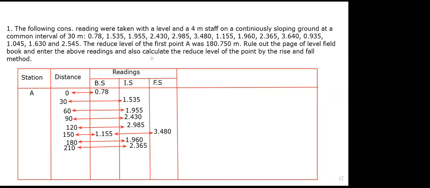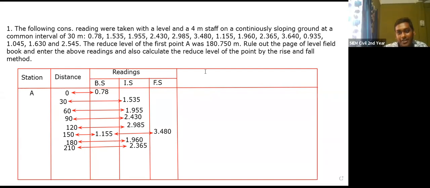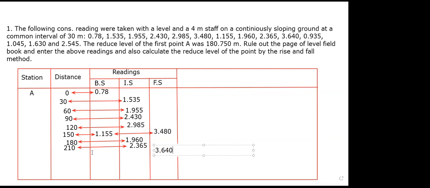Okay, next value is 3.640. FS में होगा. FS, good. Why FS? Because after that, the another point is 0.935. So another fall is here. So that means the FS value is 3.640. And the BS value will be 0.935.